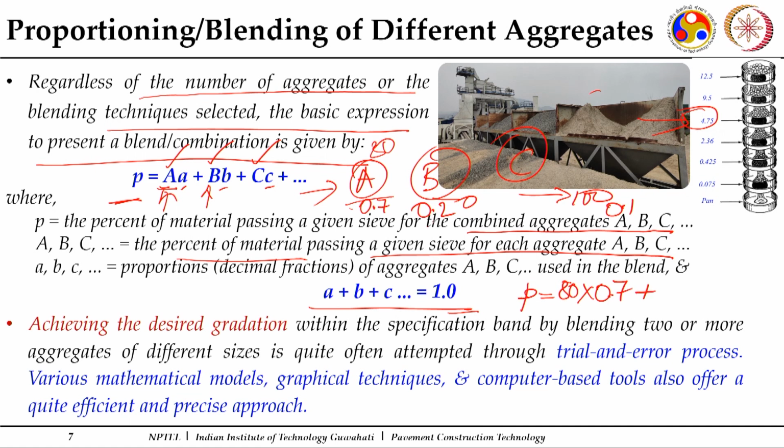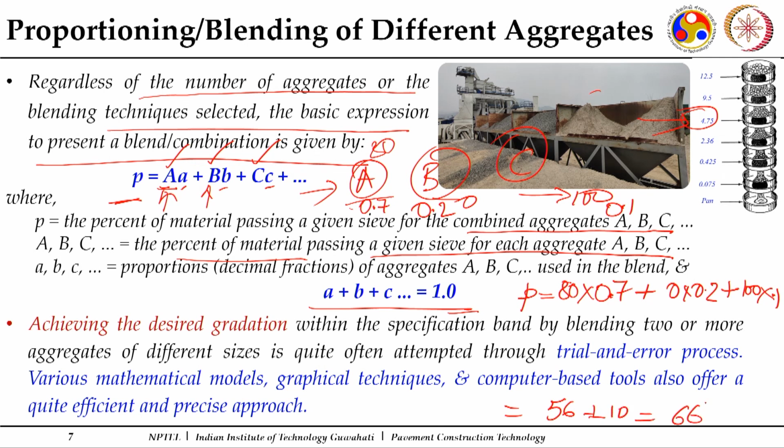For the second case, I mentioned here 0% is passing, so 0 into 0.2 because it is a 20% share of this material, and for the third one, 100% passing, so 100 into 0.1, a share of 10% for C. Now, this value will come up as 56 and this value will be 10.